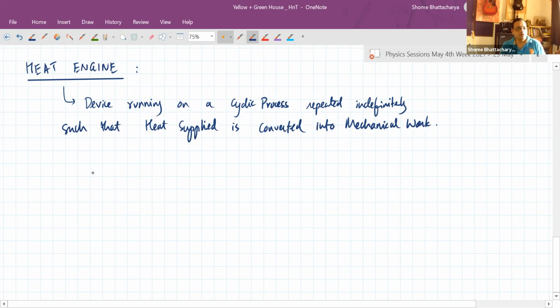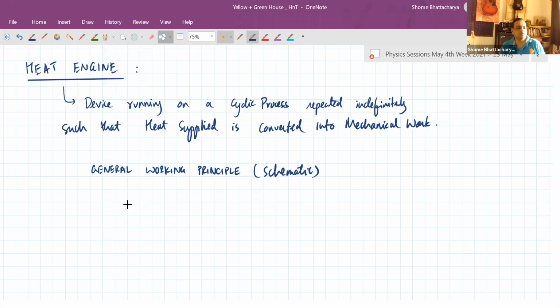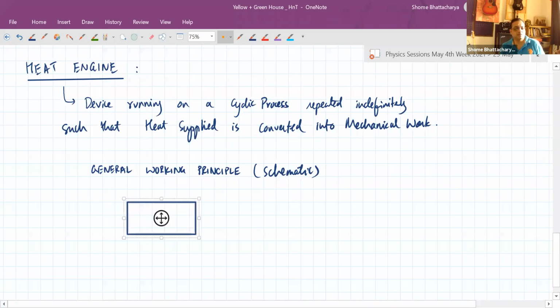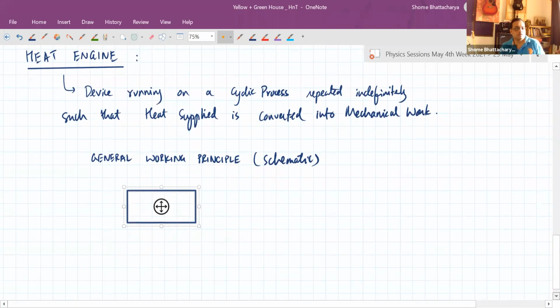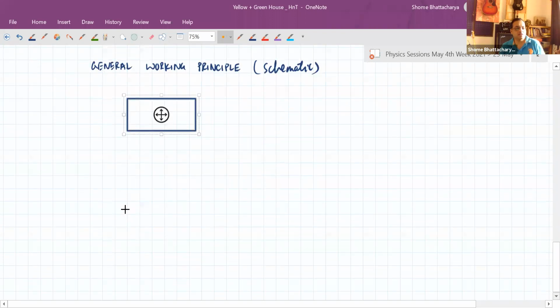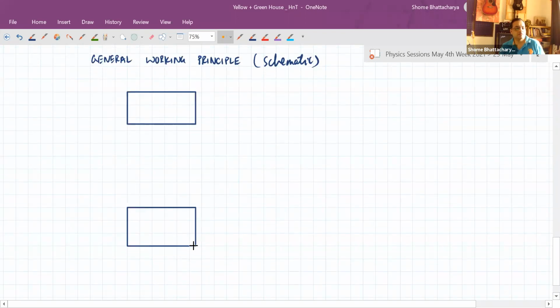Now the general working principle of any heat engine, or you can say the general schematic of a heat engine, is based on three principal processes which are taking place and three parts of the cycle.